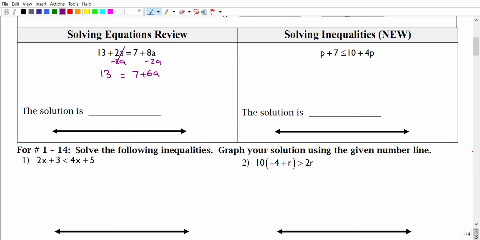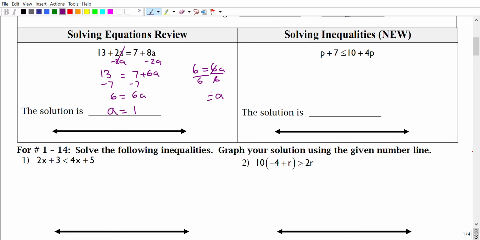We get rid of any addition and subtraction first, so subtract the 7, and I get 6 equals 6a. If I divide both sides by 6, I get a equals 1. If you aren't sure what I did there, I divided both sides by 6.